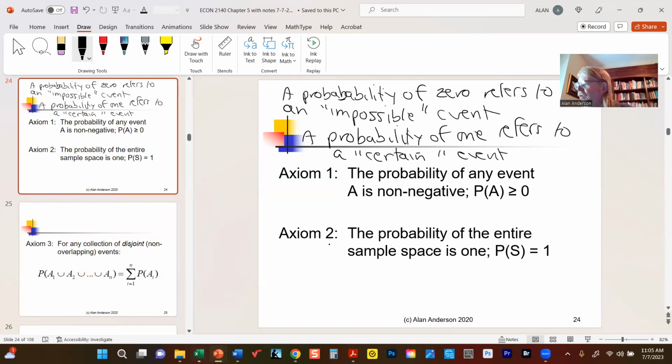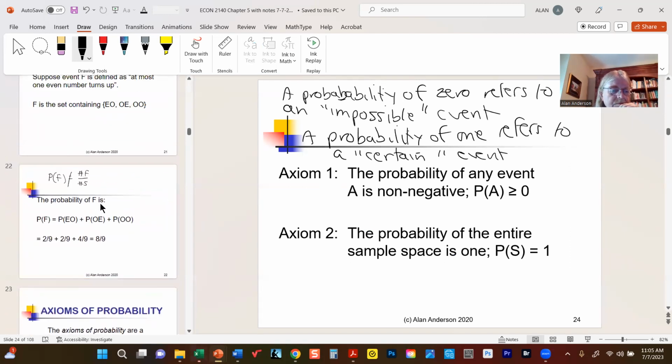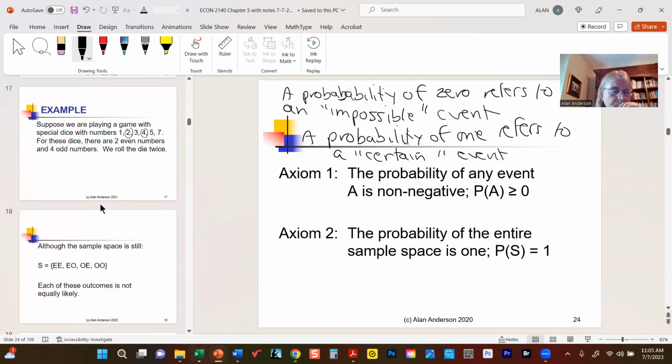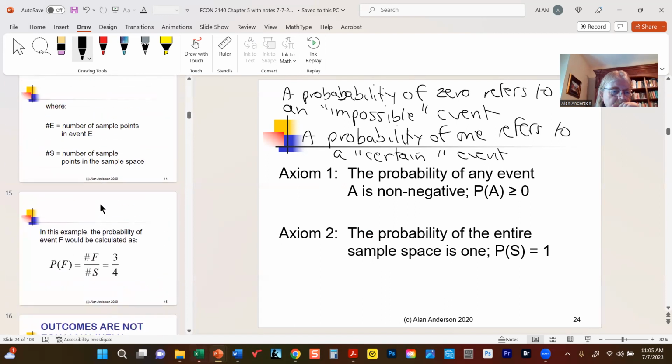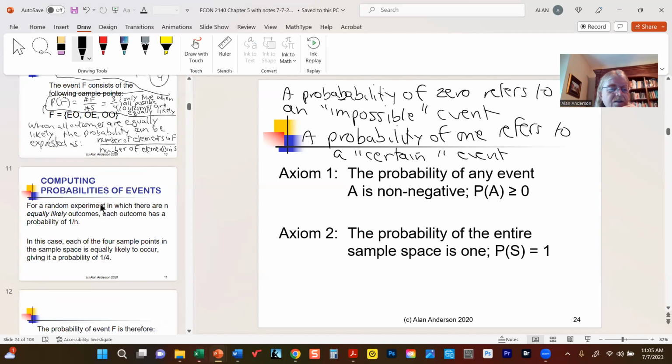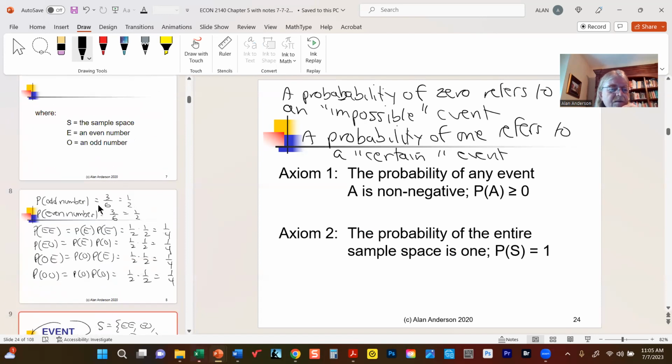So it's written in a very formal way. First, the probability of any event A is non-negative, meaning that it could be more than 0, but it can't be less than 0. It can be 0 too. The entire sample space, though, has a probability of 1. So if you conduct an experiment, something in that sample space must be true. If I roll the die twice, for example, let's go back to the sample space from that last problem.